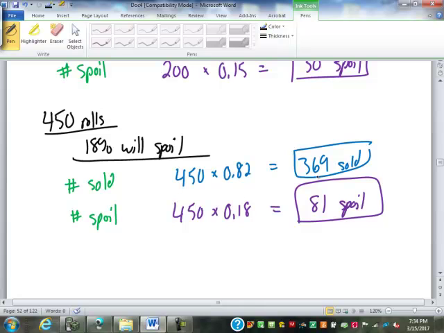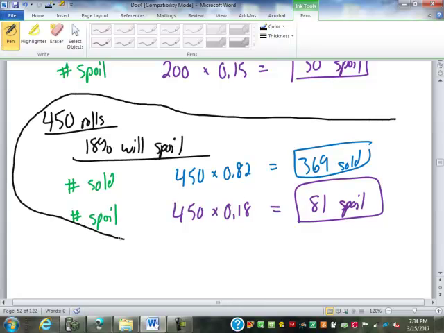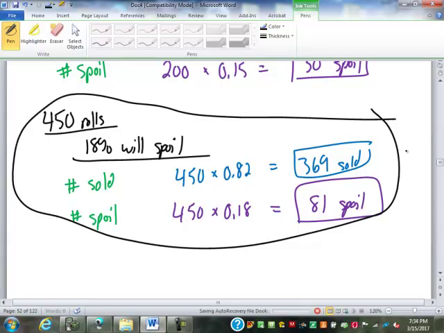Now we get to combine this with what we were doing at the beginning with markup on cost and markup on selling price. To keep it simple for this, we're only going to look at markup on selling price for these.